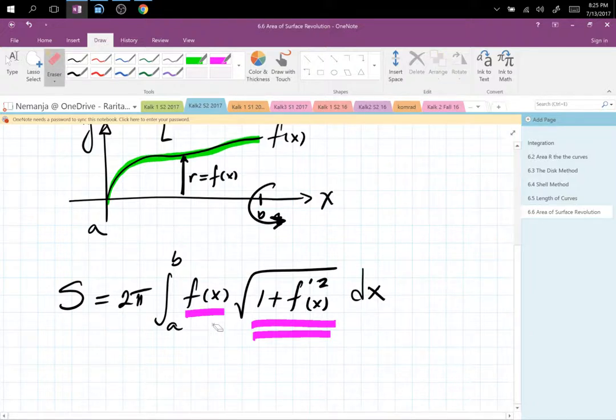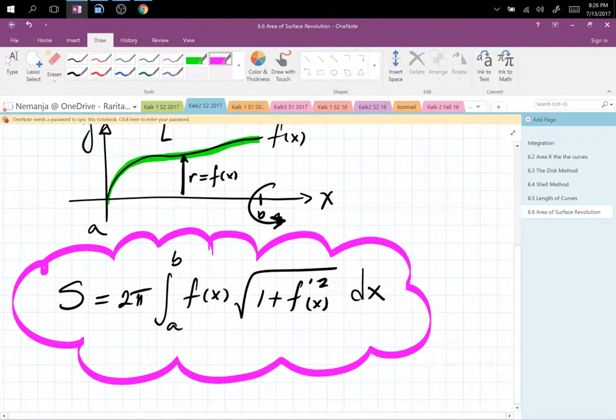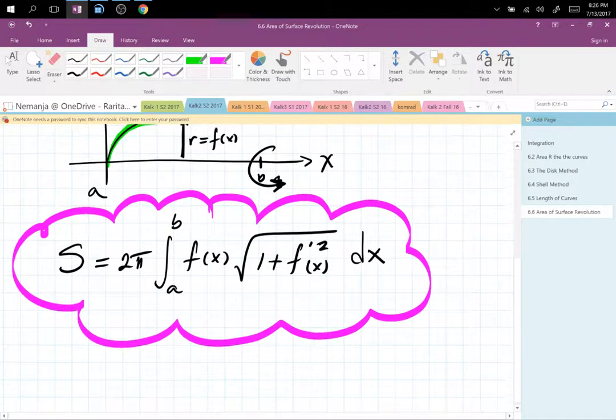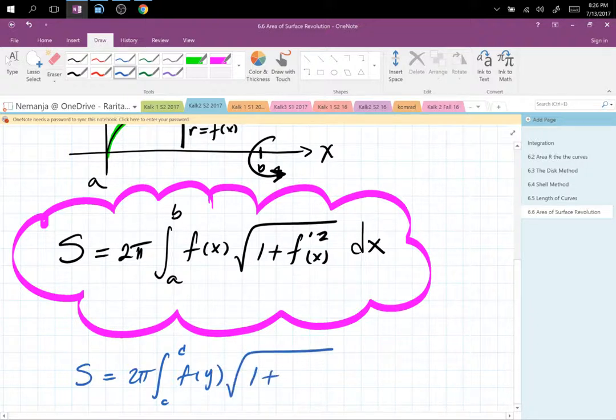We also have the one for dy, just put y's everywhere. So this is the formula that you guys will remember. And you see it's the same as the L, except you are adding rotation with the 2 pi and the radius to bump the dimension where you need it. The other formula for y is just S equals 2 pi integral c to d of f of y times the square root of 1 plus f prime squared of y dy.